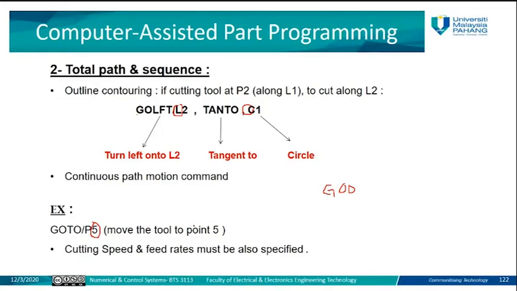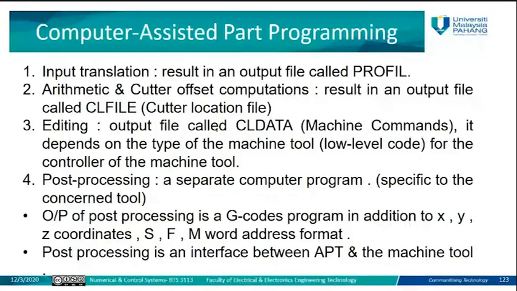Then after that, we need to define cutting speed and feed rate, which also need to be specified using similar statements, like speed rate, SP, and so on. They have some definitions based on the language that we use in APT. Then all the information that the programmer develops will be sent to the computer, in order to make an interface to send the information from the programmer to the CNC machine.